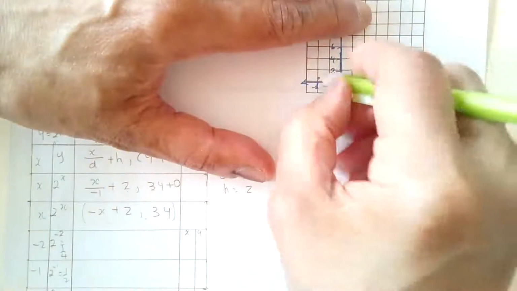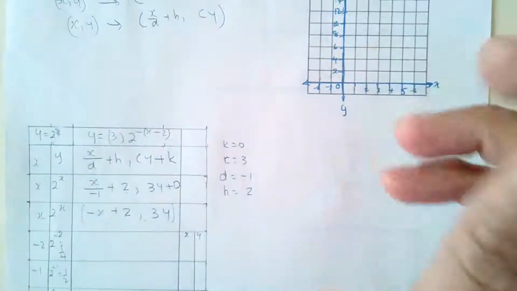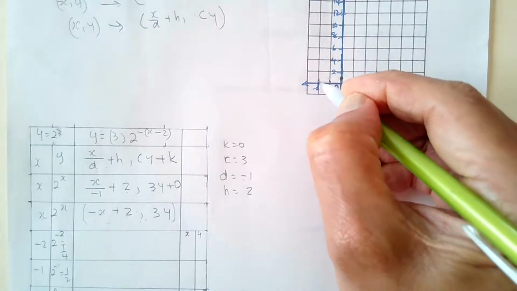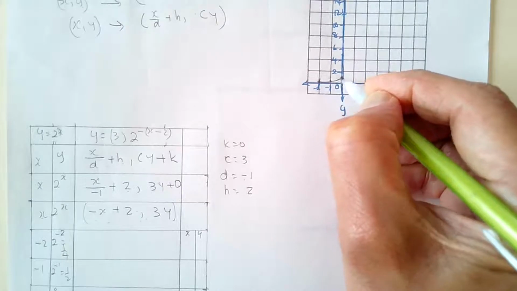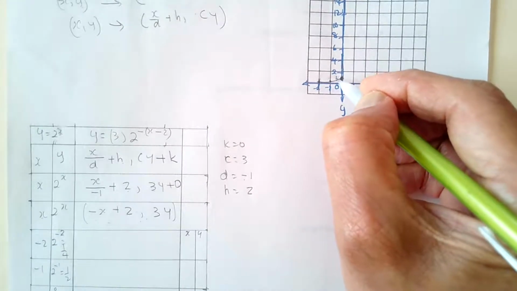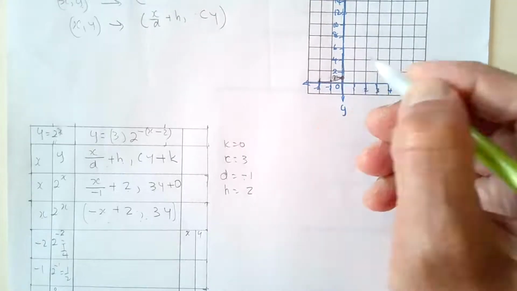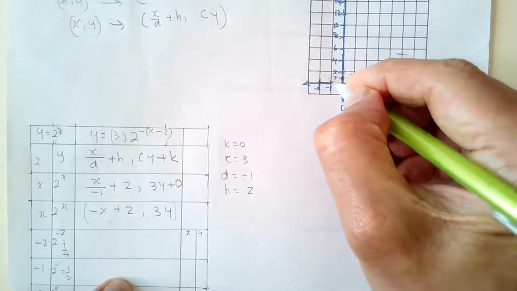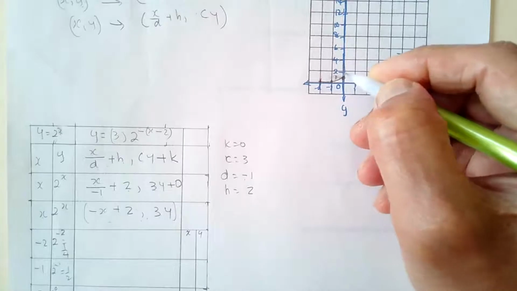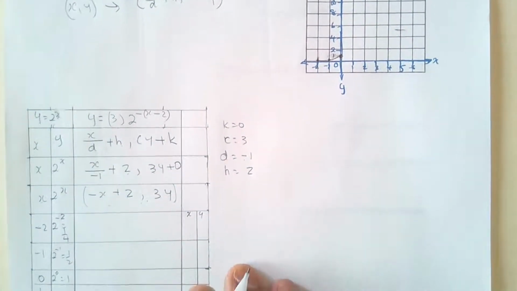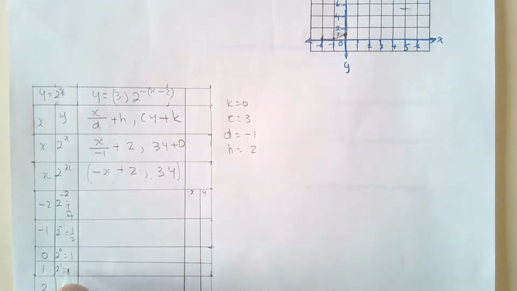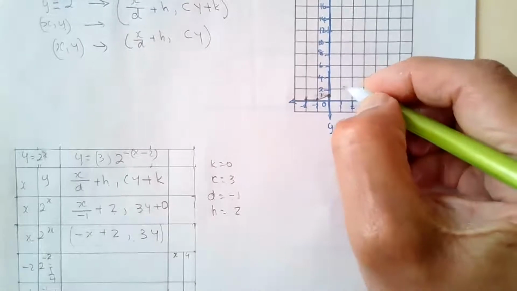Let's get this a little bit more precise here. X is 1, so y is 2 to the power 1, which is 2.